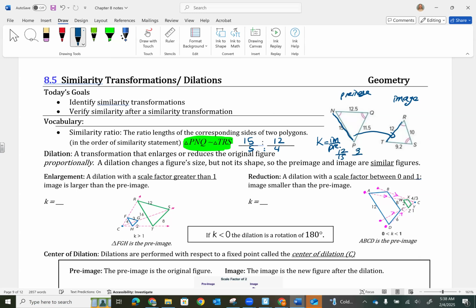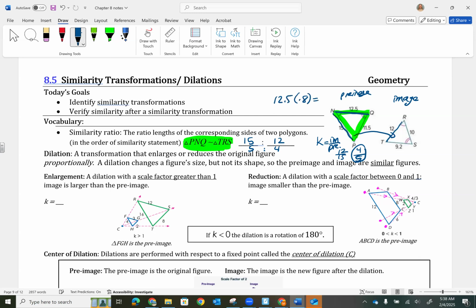Divide by 3, you get 4. Divide by 3, you get 4/5. So if you times any of the sides in the pre-image by 4/5, you're going to get the corresponding side of the image. An example of that working would be if I take, say, this one right here, 12.5, and 4/5 is 0.8.